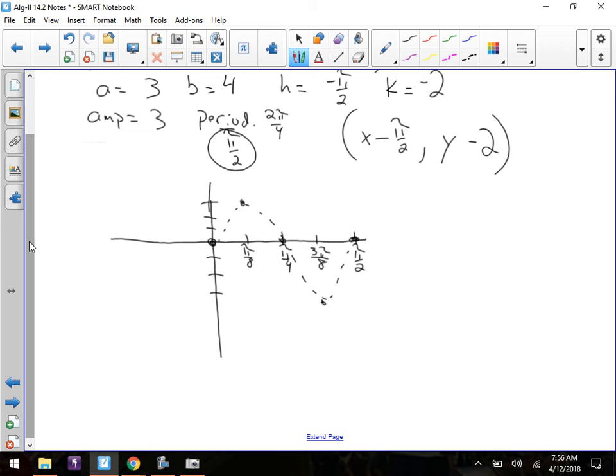And now this is, I like to write out my ordered pairs. 0, 0.